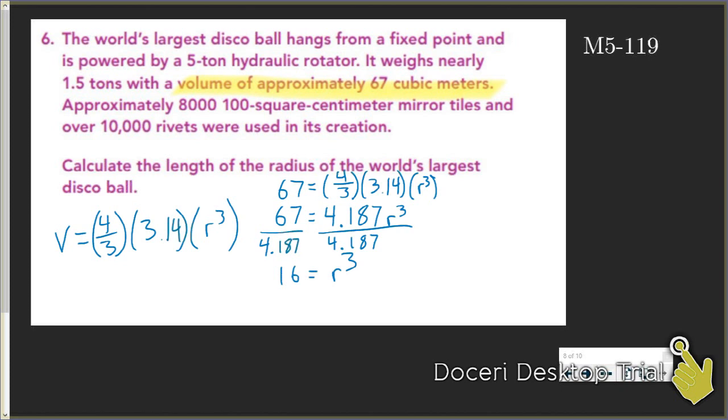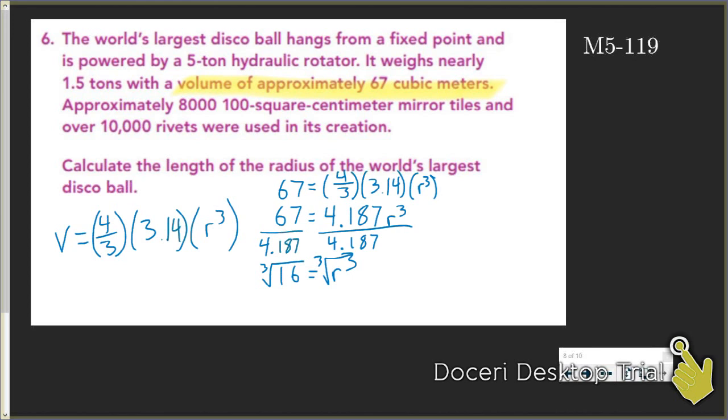Now, if this was r squared, we'd know right away, oh, 16 is a perfect square, and it's 4. But this is cubes, not squares, so we need to cube root it. Again, if your calculator doesn't have a cube root, you can just raise 16 to the power of 1/3.